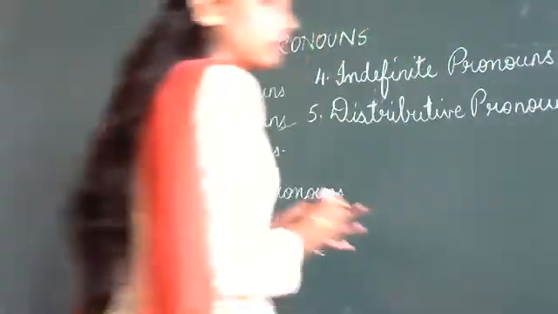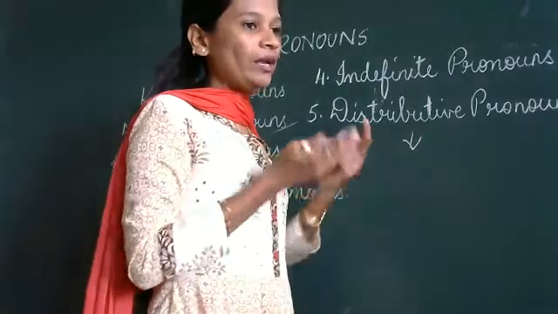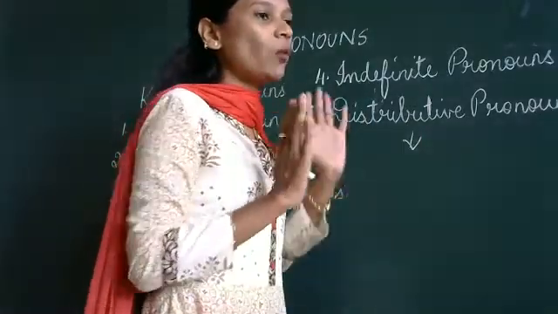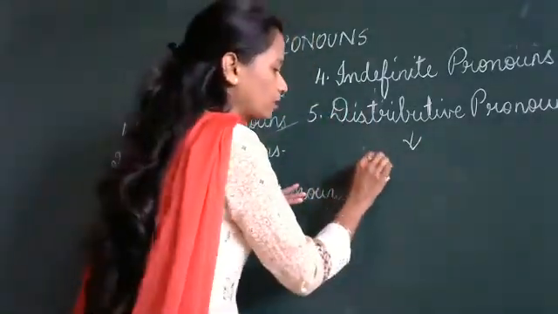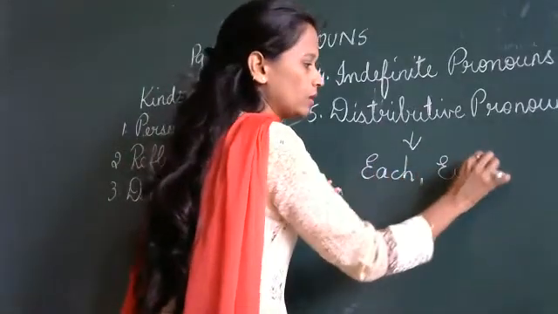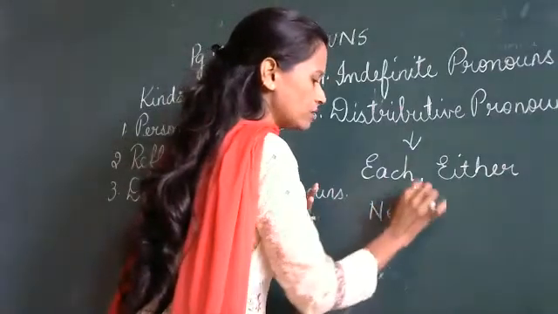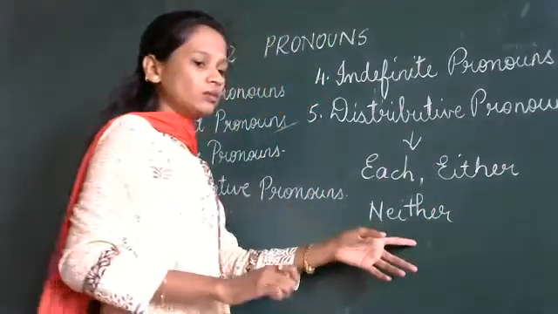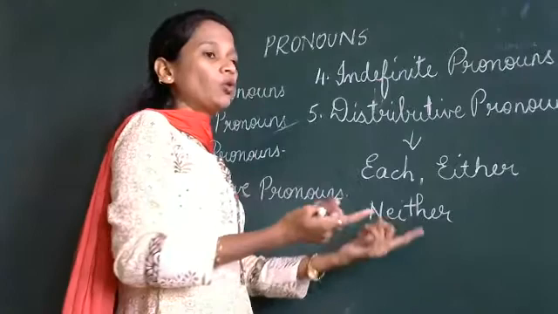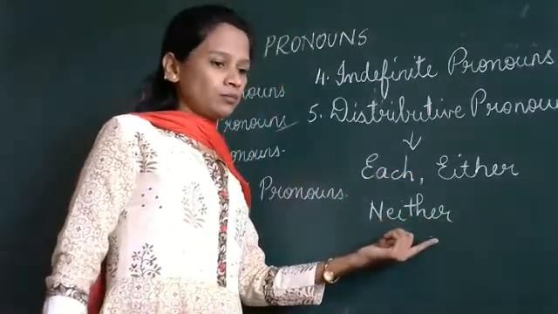I'll give you an example. Distributive pronouns are used when it is used as a single. Now, what is a single? They have given you examples of each, either and neither. Yes, you can say either, and you can say neither, but we usually pronounce it as neither.